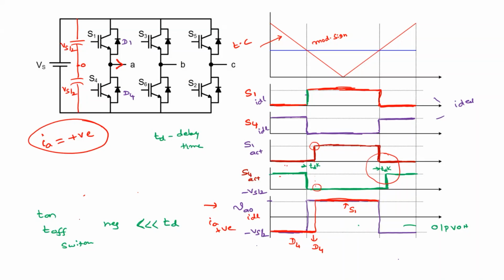S1 is off. The basic thing is, as and when you remove the firing pulse, the switch will be completely off, so somehow the current must be routed. How will the current flow? Through D4. The current is transferred from S1 to D4, so D4 is in conduction.